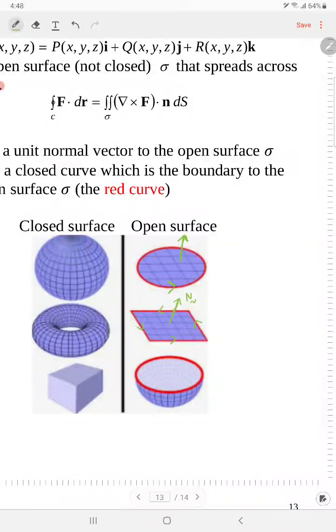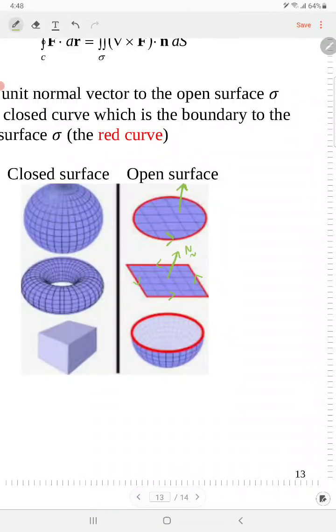Now for the third open surface, the open paraboloid, if we choose the normal vector to be pointing downwards, then using the right hand rule, the orientation of the closed curve would be clockwise.